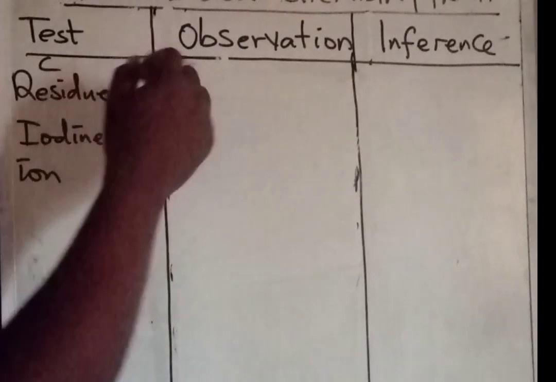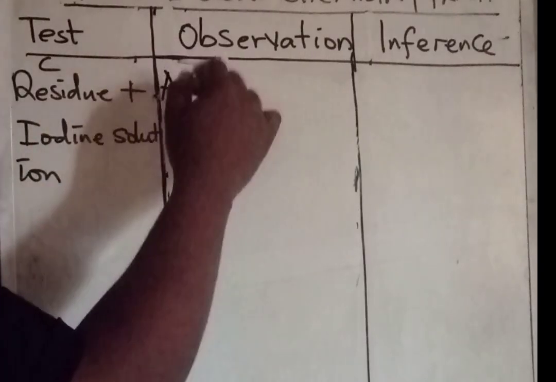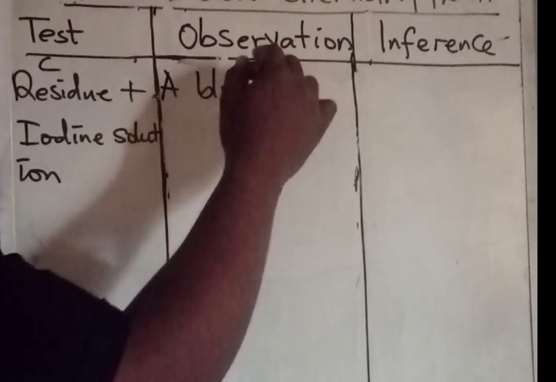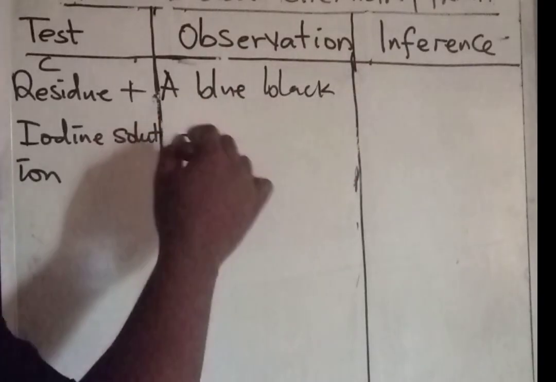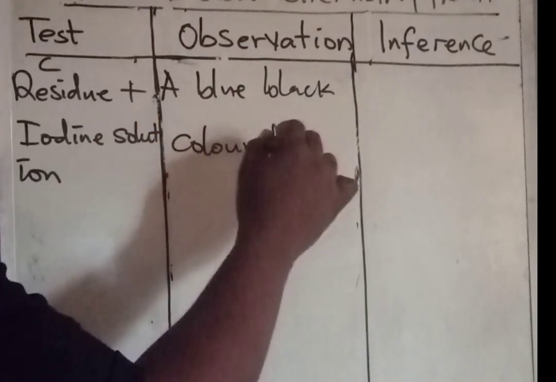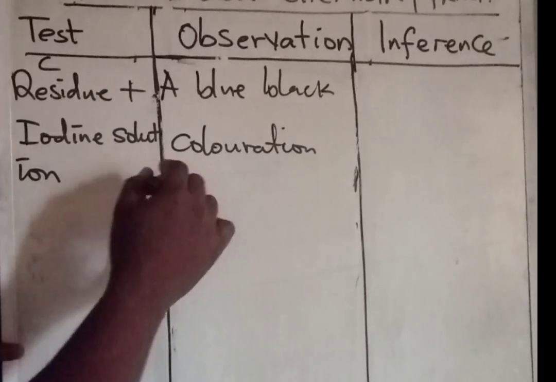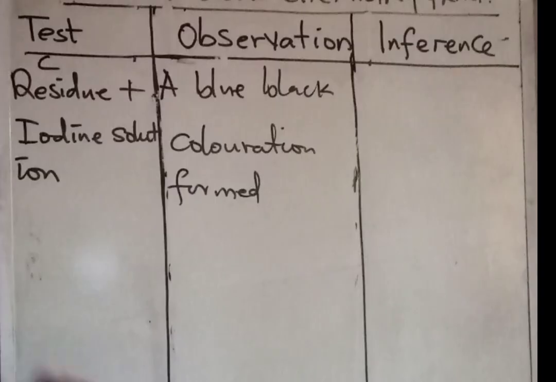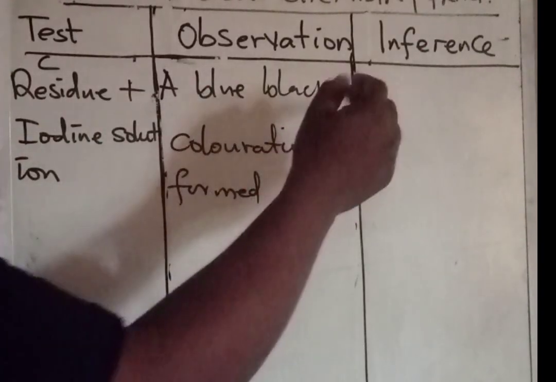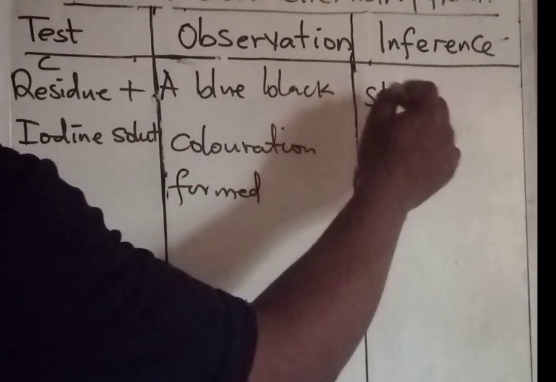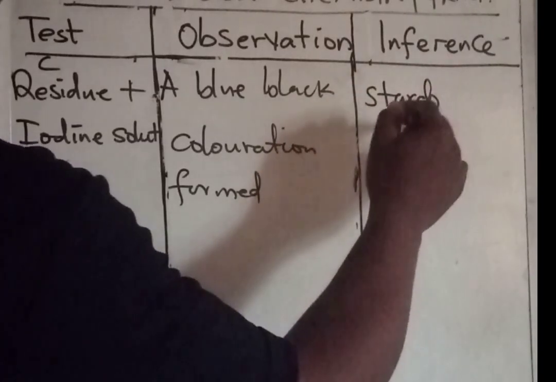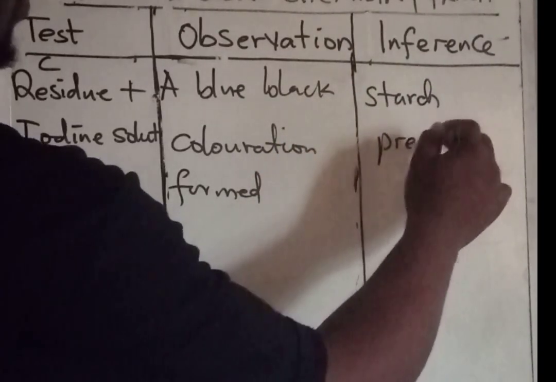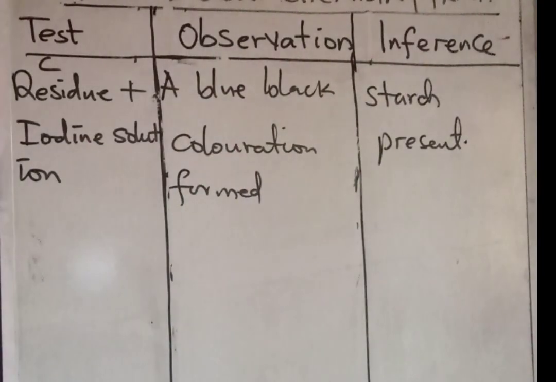When that happens, you are going to observe a blue-black coloration formed. When that happens, you will say starch present. That's the only test we are expecting for starch in the mixture.